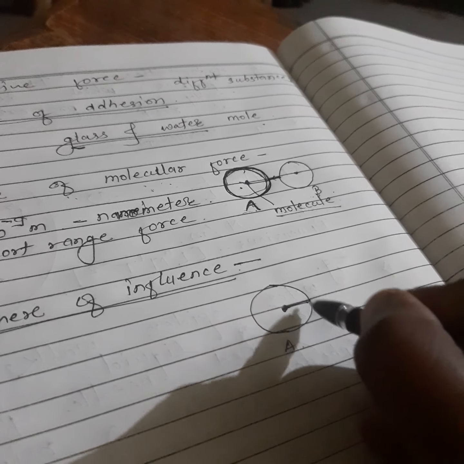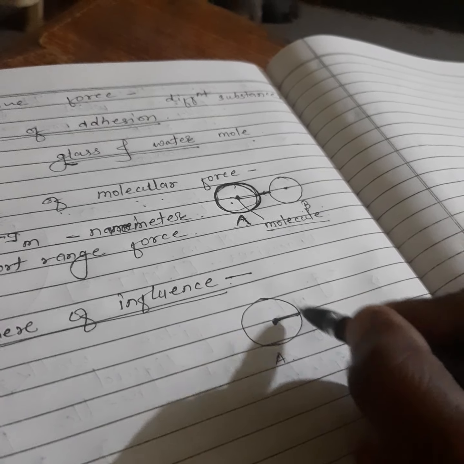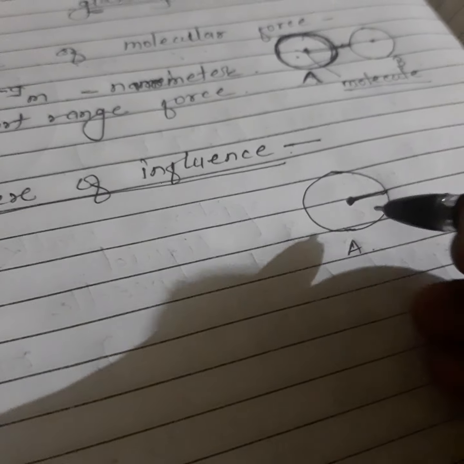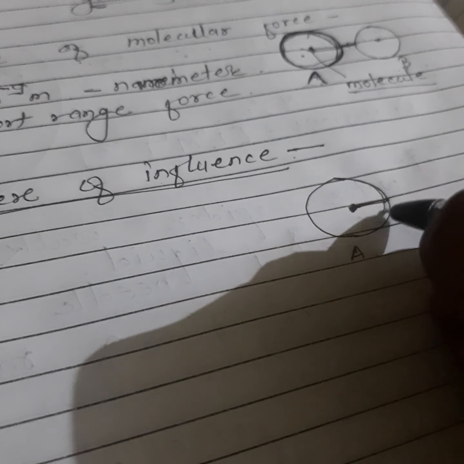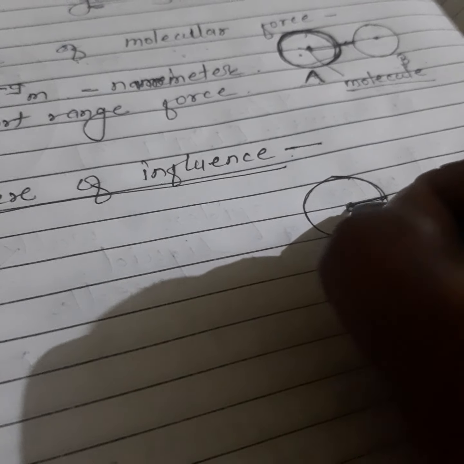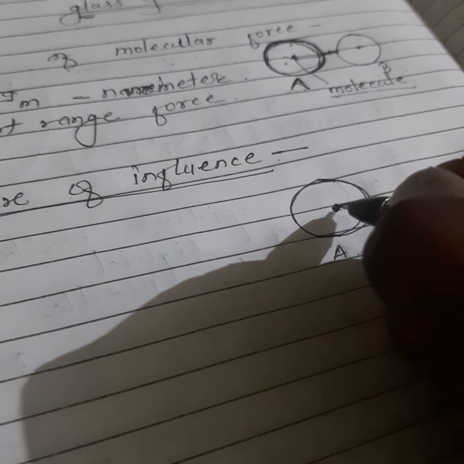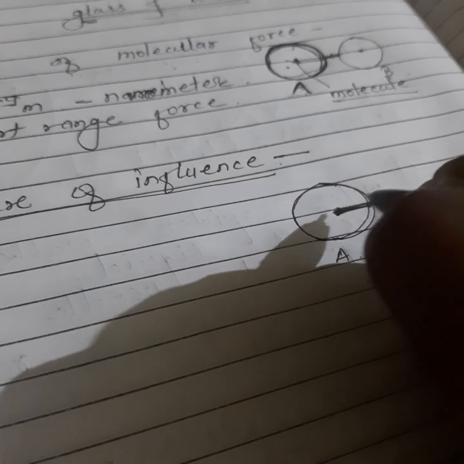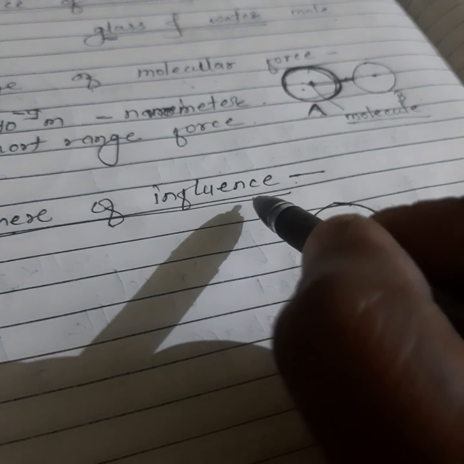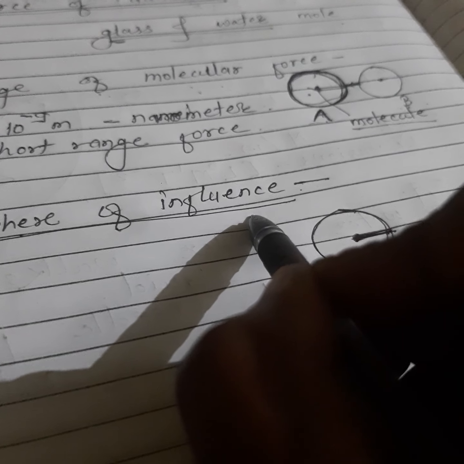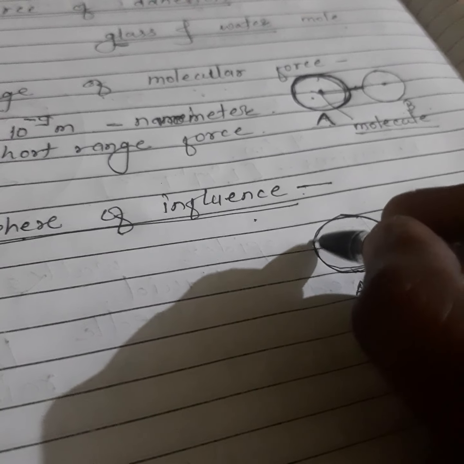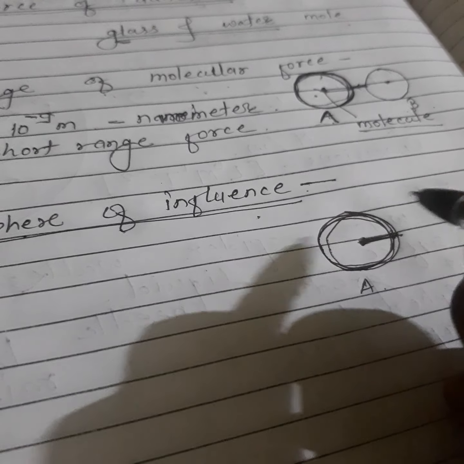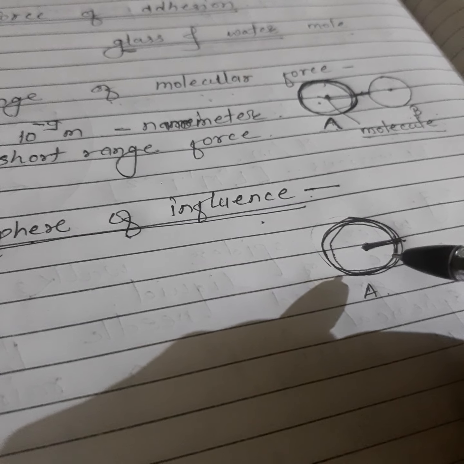This sphere is called the sphere of influence. Is that clear? A sphere with a molecule at the center and radius equal to its molecular range is called the sphere of influence. The intermolecular forces are effective up to or within this sphere.